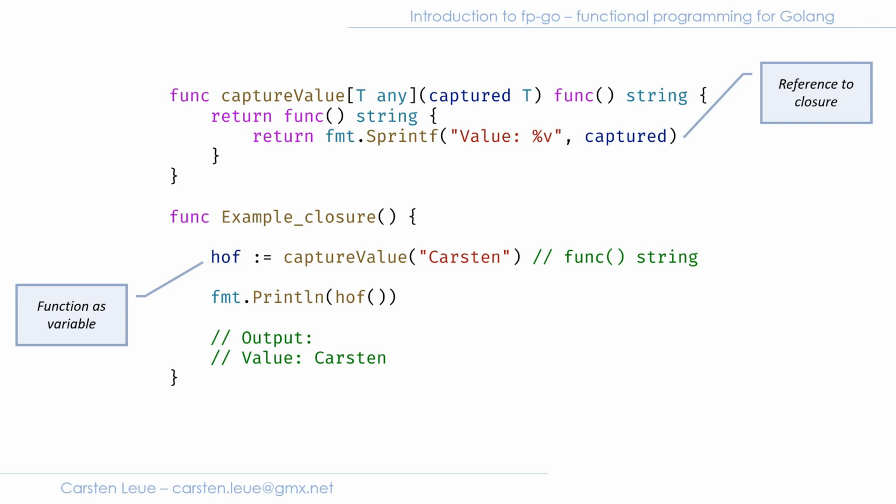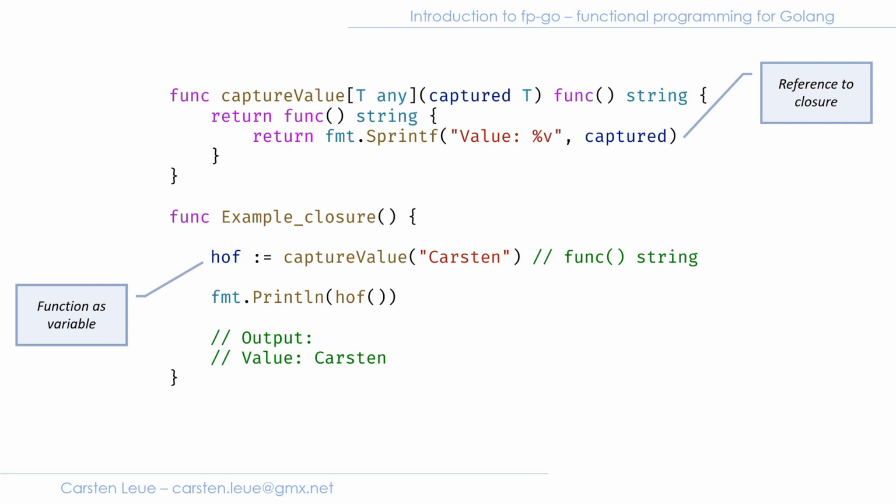So first, we call this capture value function, passing it some explicit value, in this case a string. The return value will be a function without parameters, returning a string. And on the left-hand side of the expression, you can see that we assign it to some variable, which is called HOF, for higher order function in this case.